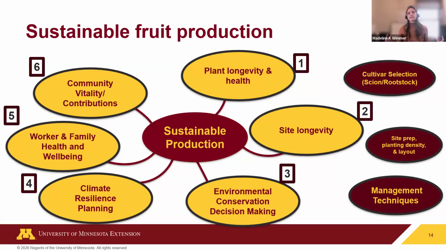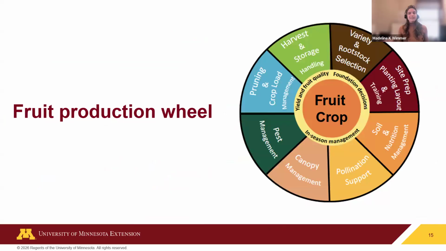How long does the site that you're managing last? Are you being environmentally friendly? Are you in alignment in ways where you're mitigating or adapting to risks that are happening based on climate change? And then thinking about your community as well as your worker health, your own well-being, your family's well-being, all of that.